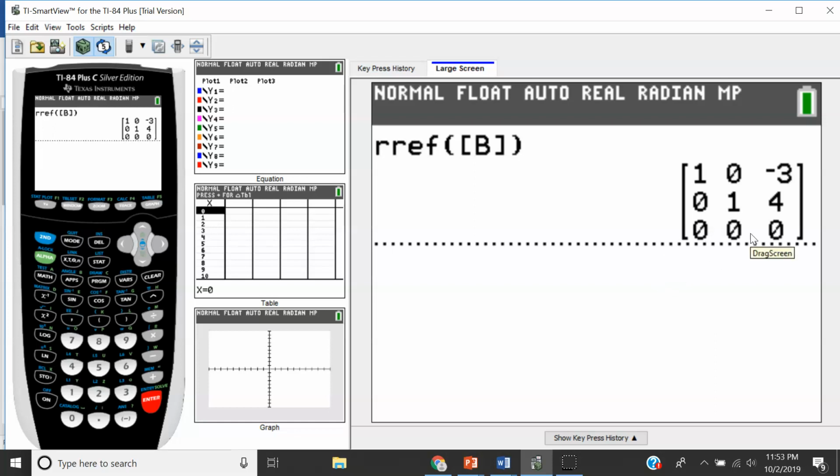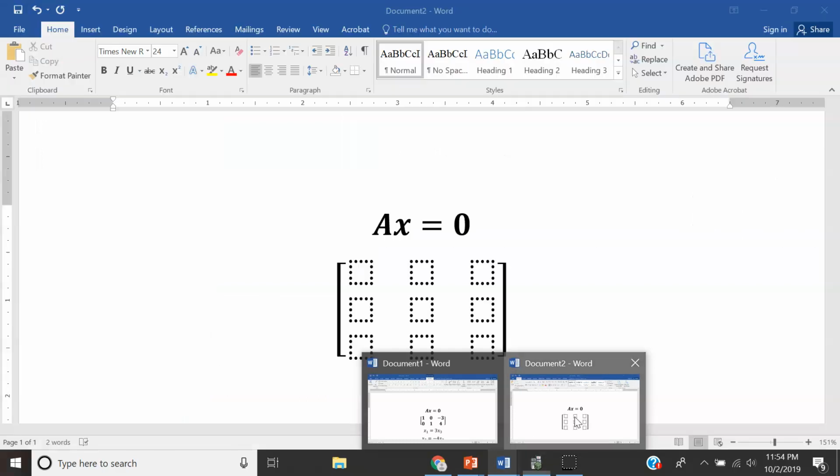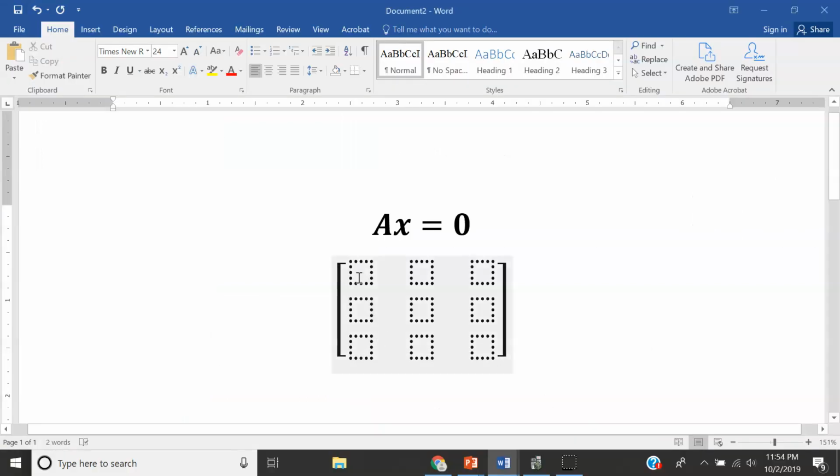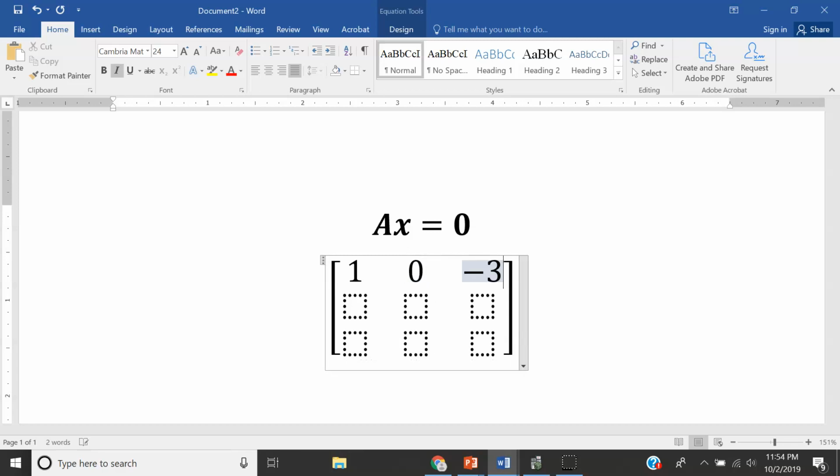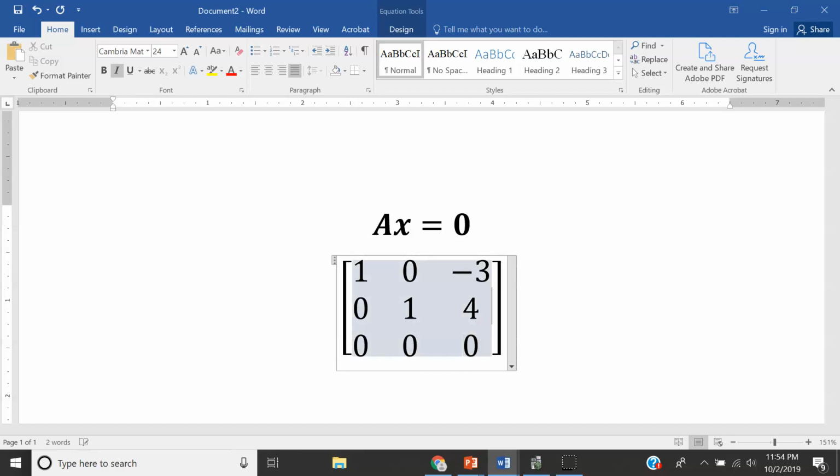All right, now again, what this means as a general solution, let's go to a Word document so we can write out the general solution. So we have 1, 0, negative 3, 0, 1, 4, and then 0, 0, 0.